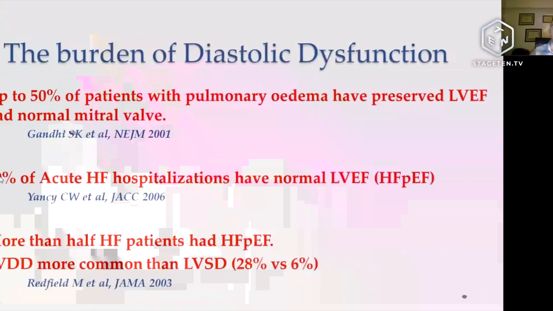And similarly, 50% of acute heart failure hospitalizations have normal ejection fraction. And interestingly, in the paper from Redfield, LV diastolic dysfunction in the general population was 4 to 5 times higher than LV systolic dysfunction. And more than half of the patients with heart failure within this large population that was studied had preserved ejection fraction.